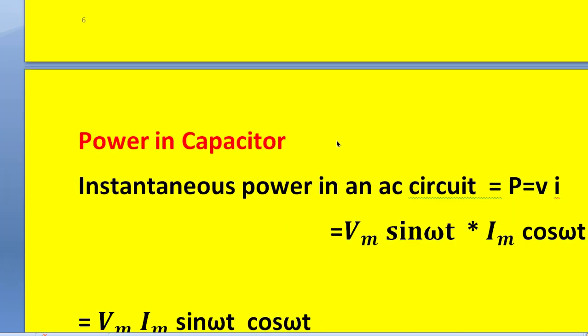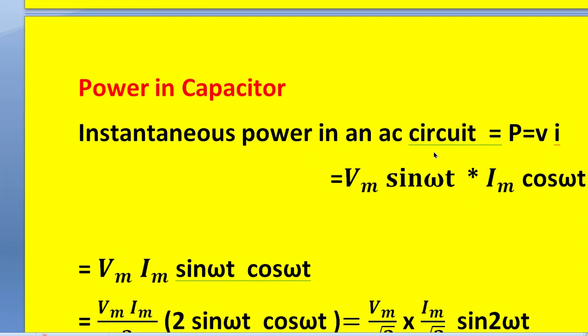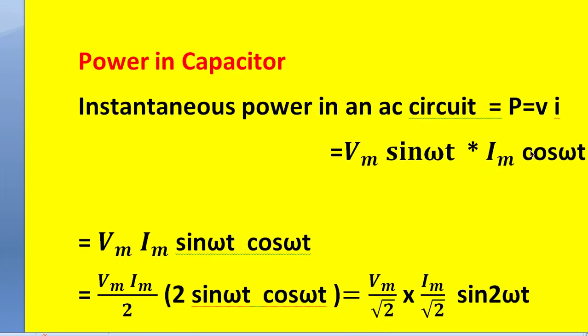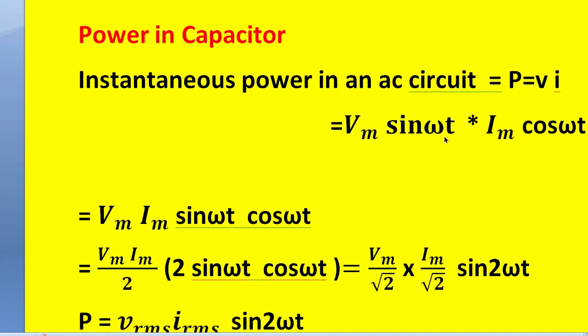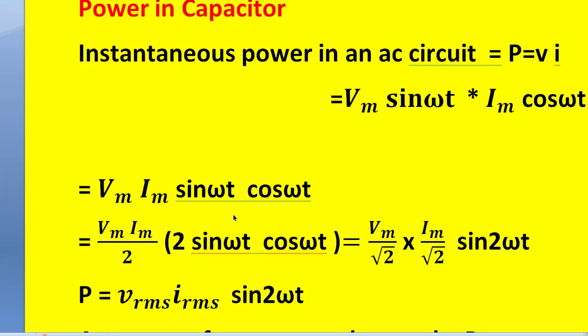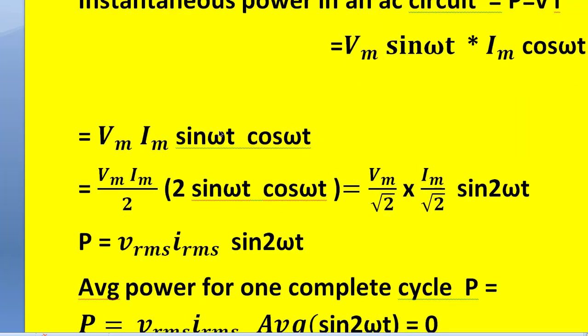So then power in the capacitor, instantaneous power in the AC circuit is given by P is equal to V into I. So that is nothing but Vm sin omega t into Im cos omega t, because I just now calculated. So Vm Im sin omega t cos omega t, and we can write this sin omega t cos omega t by multiplying with the two, both numerator and denominator, we get like this.